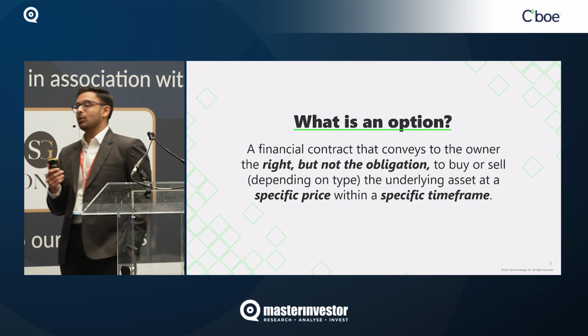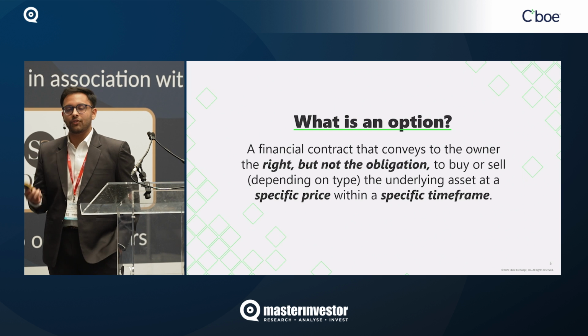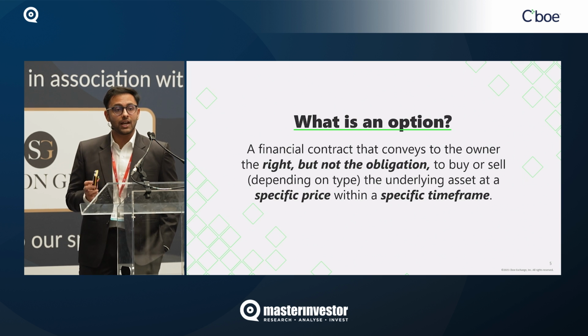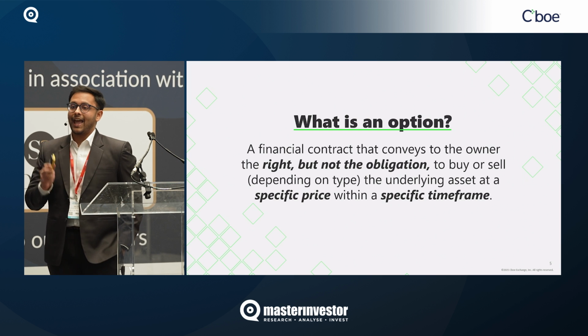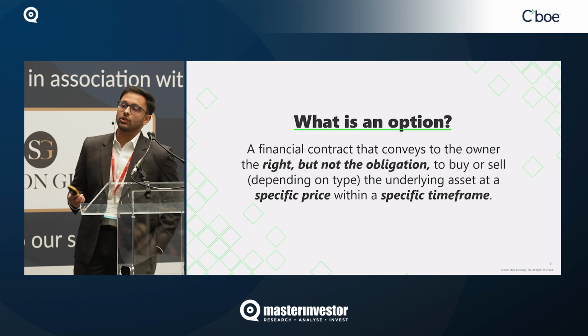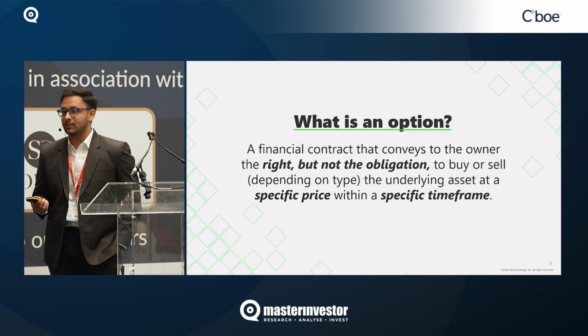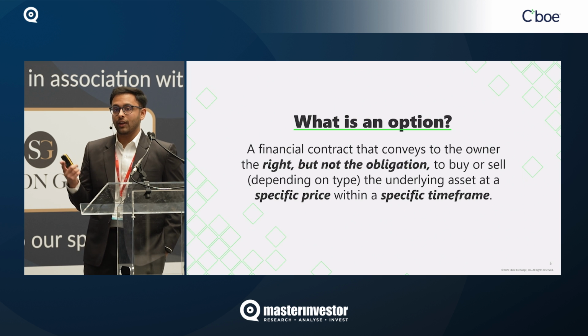All right, so we'll start with the what. What exactly is an option? Formally defined, it's a financial contract that gives the owner the right, but not the obligation, to buy or sell the underlying asset at a specific price within a specific time frame. In the world of exchange-listed and traded derivatives, there are two main types, called calls and puts.